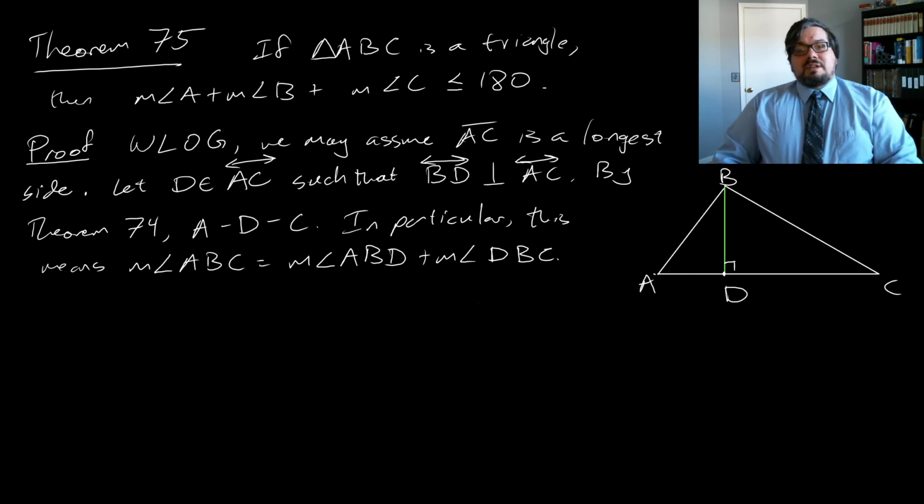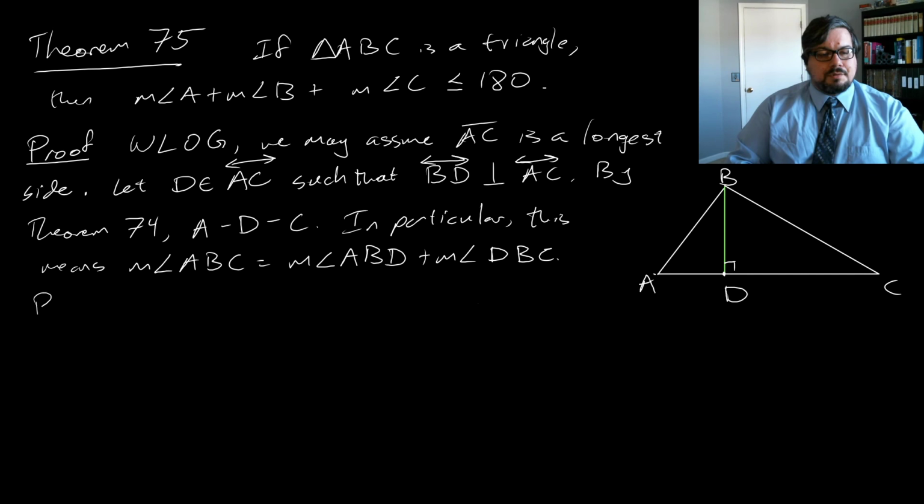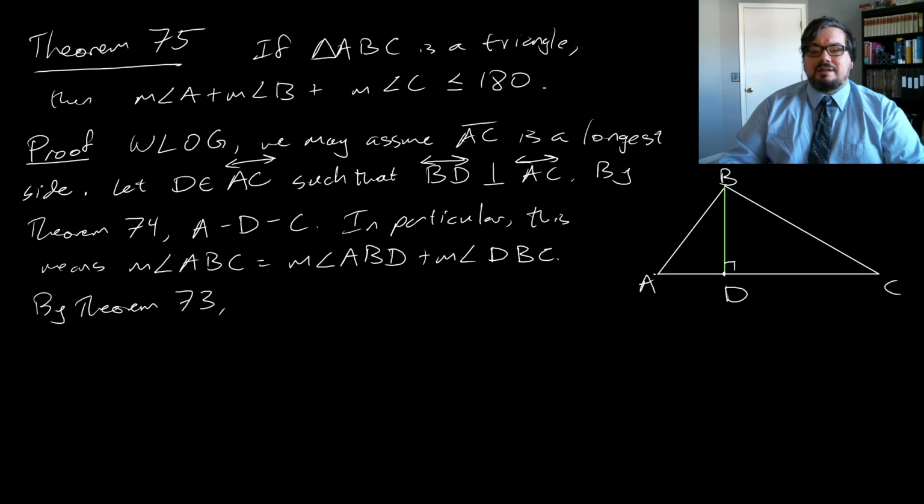So now we're going to use theorem 73 twice. So by theorem 73, we have the right triangle ABD, and if we look at the two non-right angles in that triangle, their measures have to add up to less than 180.